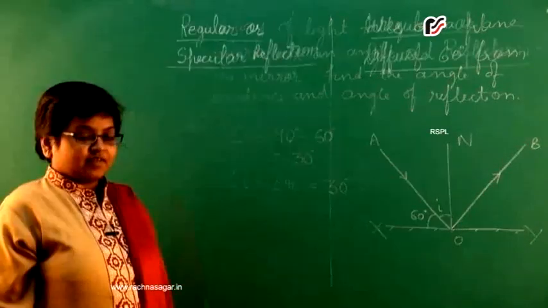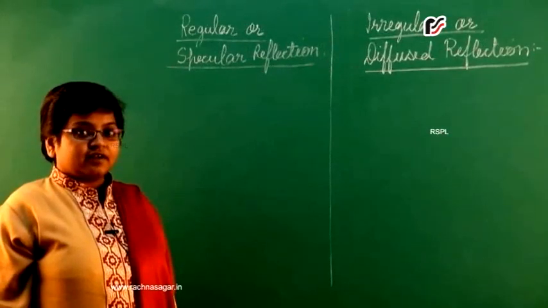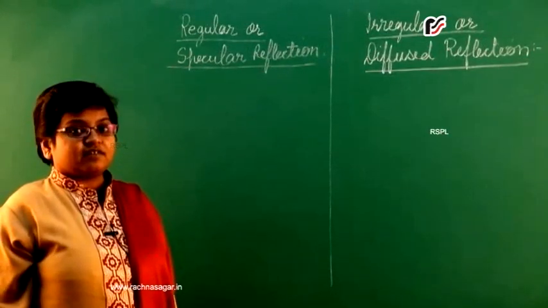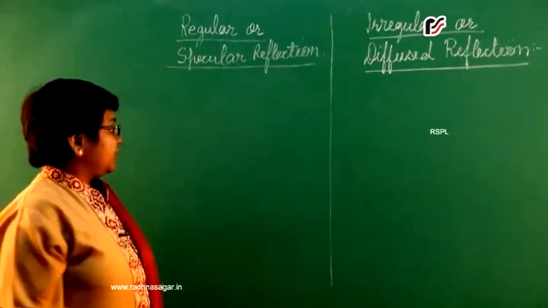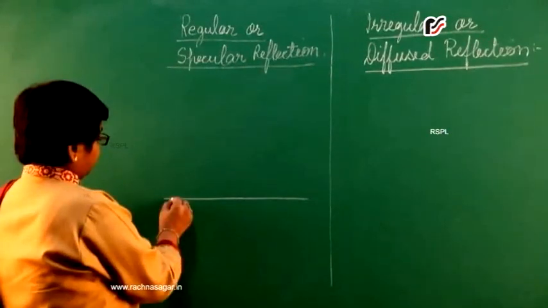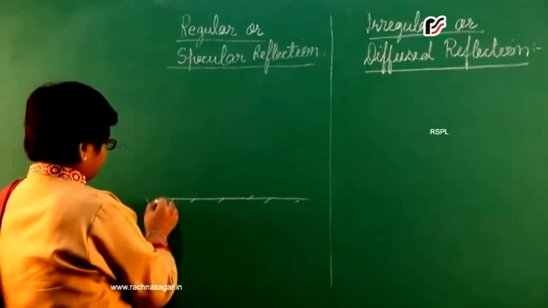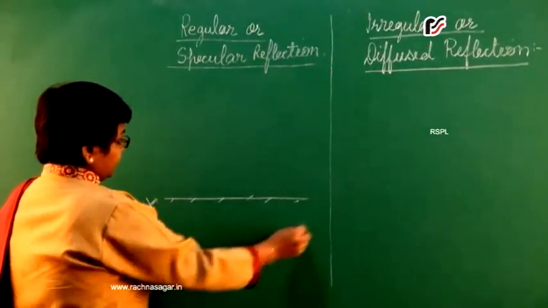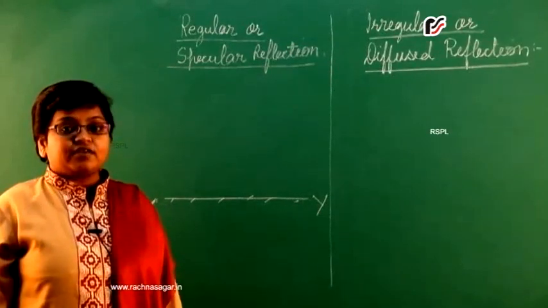degrees. Let us differentiate between regular and irregular reflections. First we take regular reflection. There is a smooth and highly polished surface.